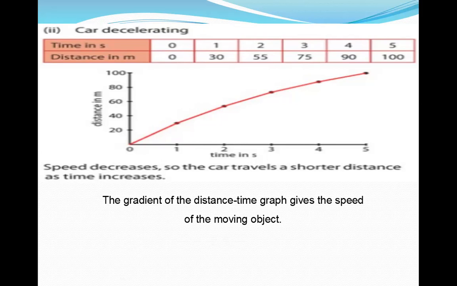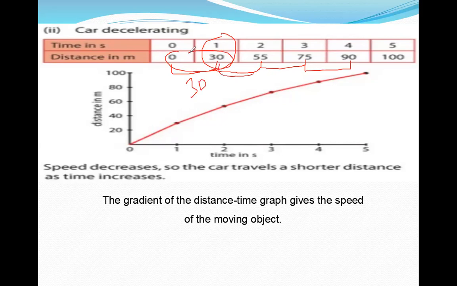No. Here you check in this graph, the distance from 0 till 30 is increasing. From 30 to 55 is also increasing. From 55 to 75 also increasing. From 75 to 90 is also increasing. The distance is increasing, but the rate of distance, meaning from 0 to 30, it's 30.